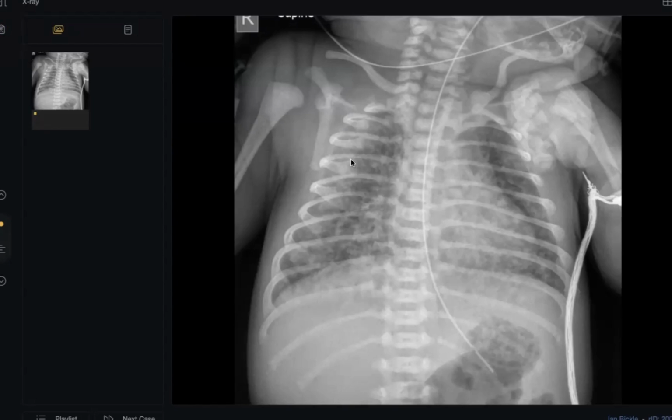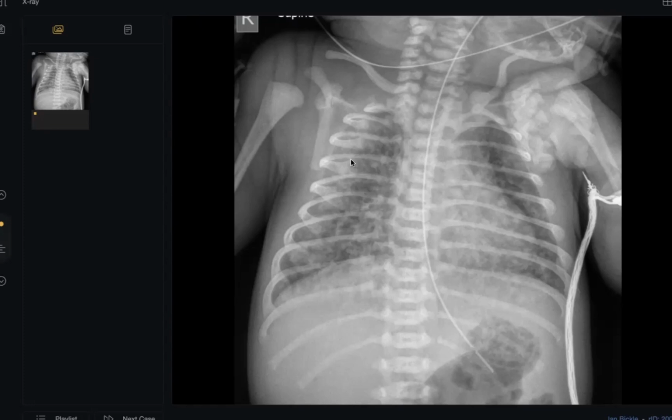The lung volume is preserved. I couldn't appreciate any pneumothorax or pleural effusion. The bones appear unremarkable. There is an NG tube in place.